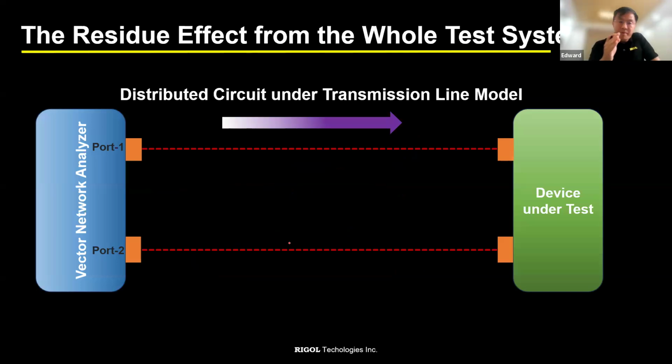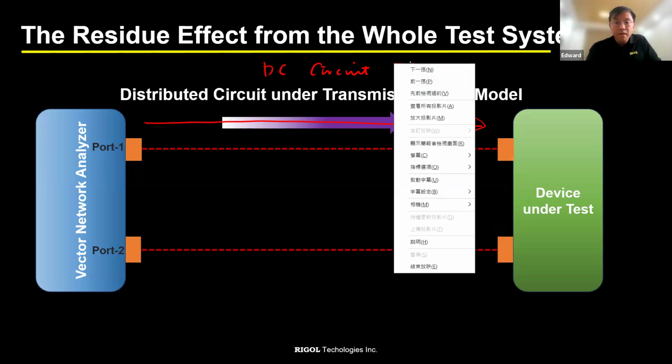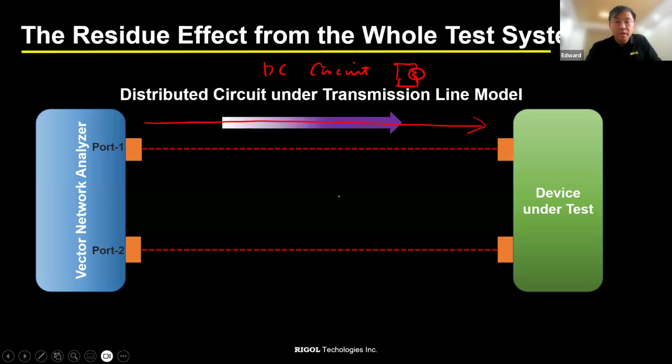So this is the basic residual effect from the whole test system. We can introduce the basic concept of the transmission line here, right? What is a transmission line? If we treat it as a DC circuit, a traditional DC circuit like this one, for example, with this resistance, then this point has the same voltage level here and here, right?